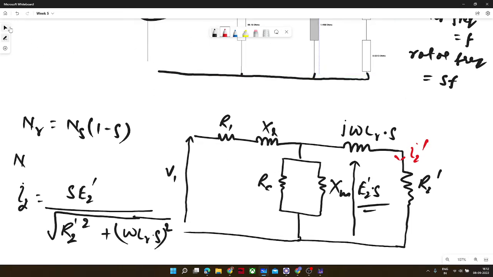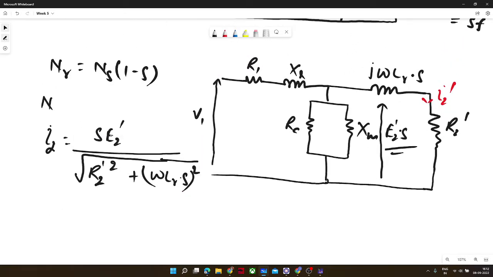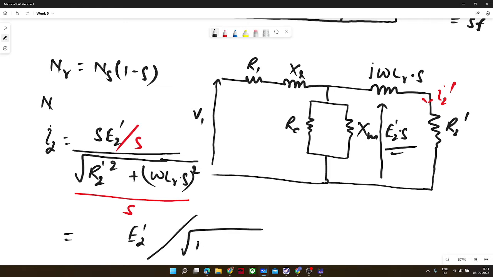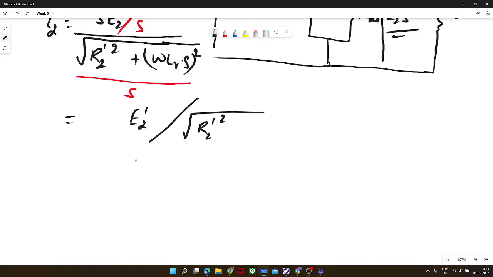Now we want to convert it to the same frequency, all at frequency of F. So we will divide here also by S, here also by S. So for that purpose, if you simplify it, you will get E2 dash divided by under root of R2 by S dash square plus X2 dash square.